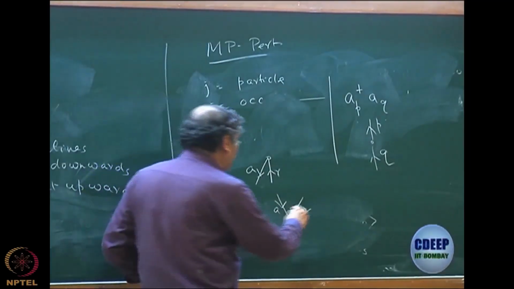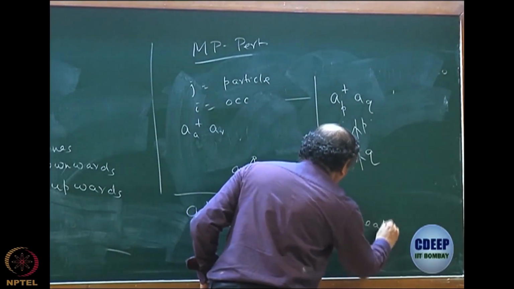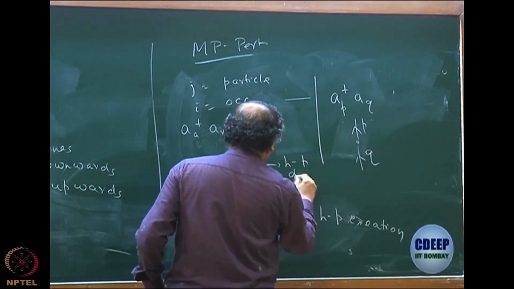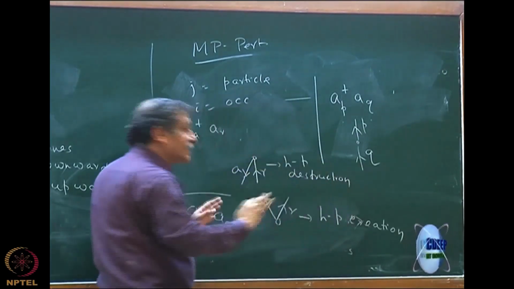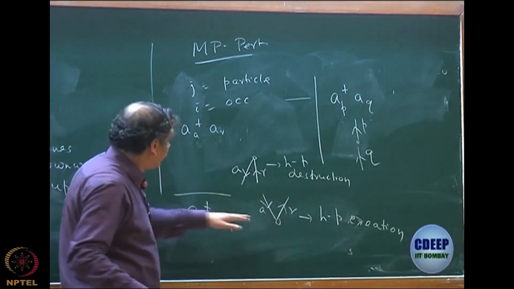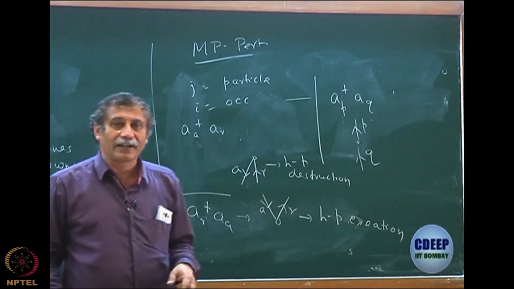So in my nomenclature, this will be actually hole particle creation. This will be hole particle destruction. Actually, there is one pair of creation and annihilation operators in terms of a, but in terms of hole and particle, this becomes both hole particle creation, this becomes hole annihilation as well as particle annihilation.